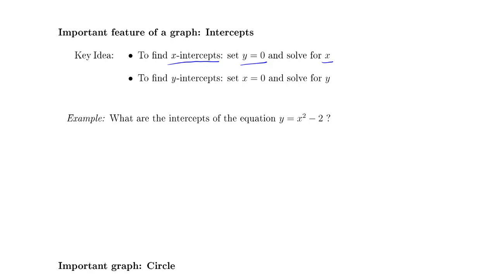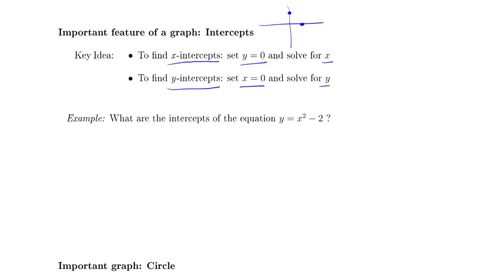If you want the y-intercept, you're going to set x equal to 0 and solve for y. Because if we think about a graph, then an x-intercept is when the y value is 0, and a y-intercept is when the x value is 0.